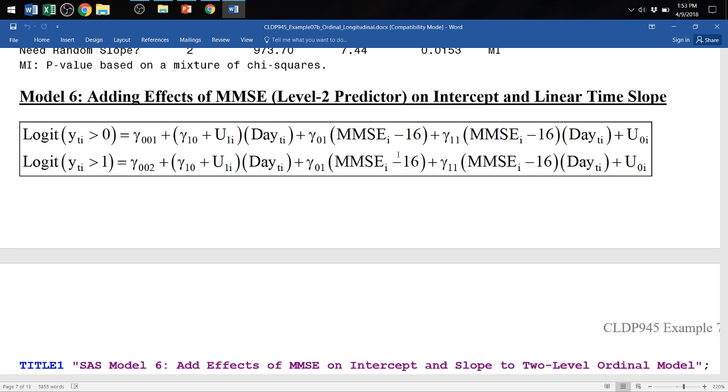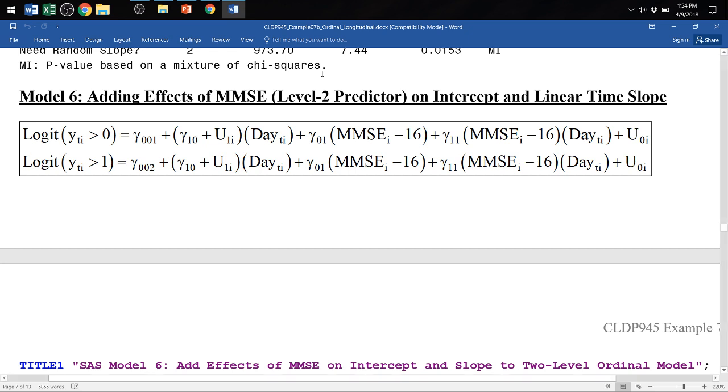At least vote, right? Cognition by day: the extent to which people show linear change depends on their cognitive status. That's my hypothesis in testing this cross-level interaction right here. Which of my two person variances is it going to reduce? Differences in change across days? That one. Yeah. Because it has day in it. Right? That's how you tell.